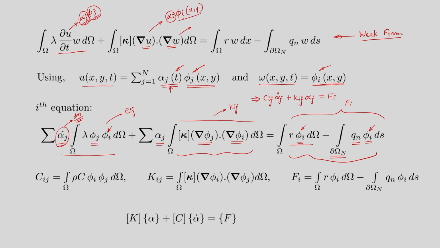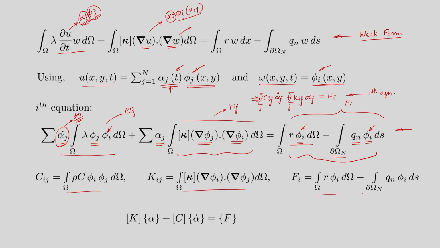alright. So, this is the ith equation, fine. So, since the j is repeating, you have a summation over j, and here also we have a summation over j. So, this is exactly this equation I have rewritten, okay. Now, the expressions for C ij, K ij and F i are given here.